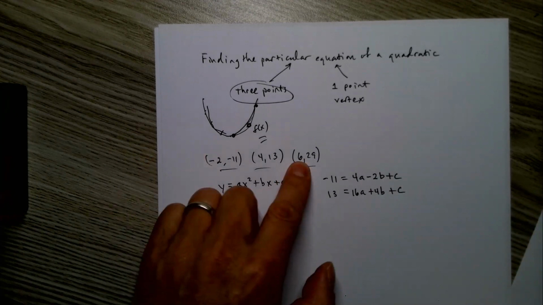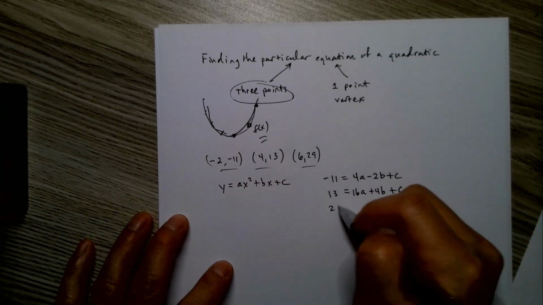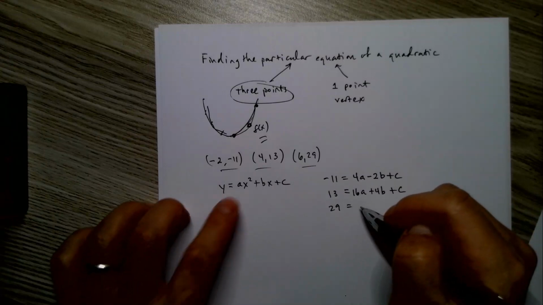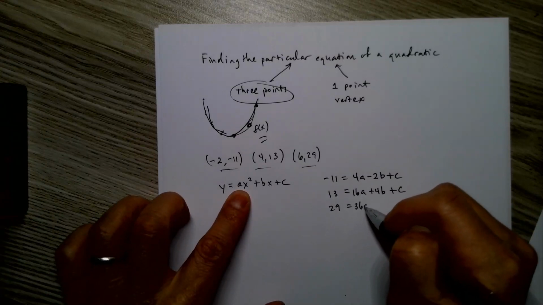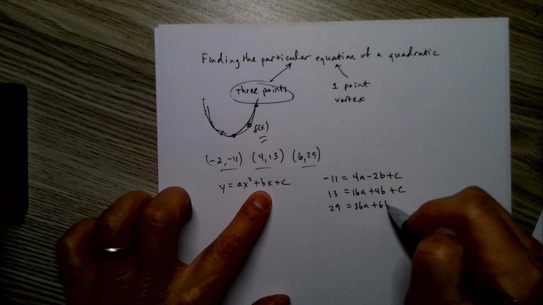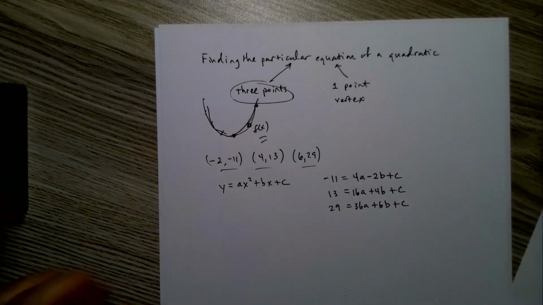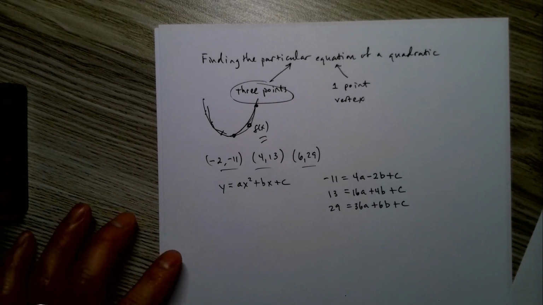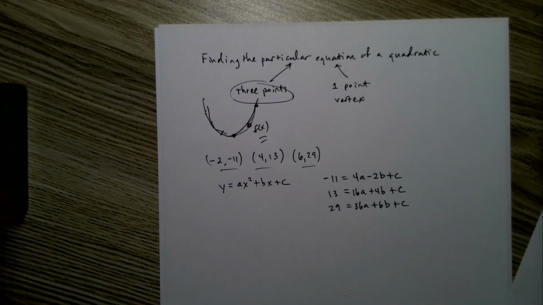And then when I put the third point in, I get that. Now it looks ugly at the moment, but notice I have 3 equations with 3 unknowns now. So that is solvable, because then my number of unknowns equals the number of equations.